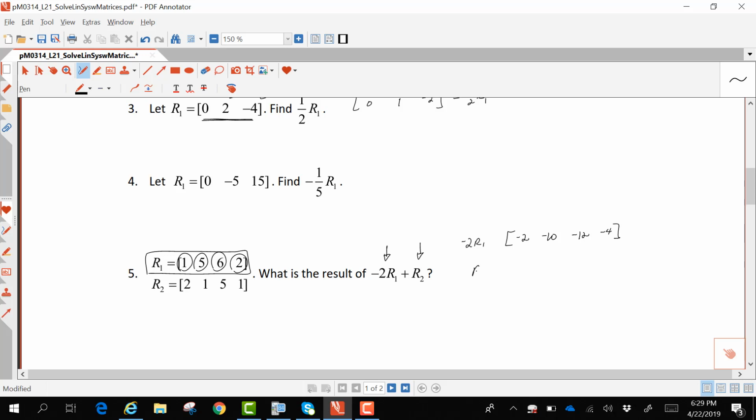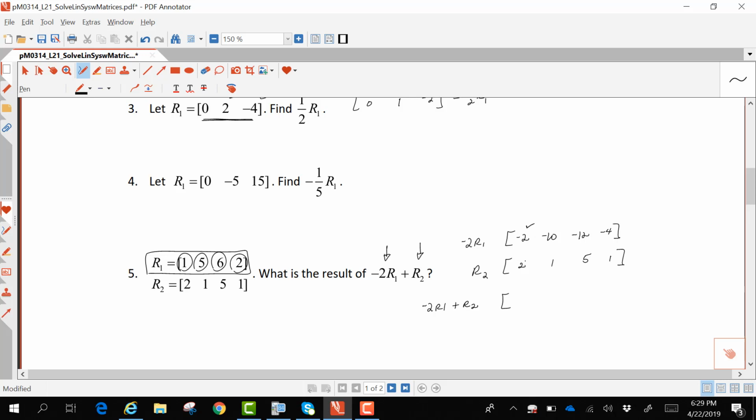It wants me to add it to row 2, so I'm going to write my row 2 here underneath my -2 times row 1. To add these together, -2 times row 1 plus row 2, I would simply add these numbers in the columns above.